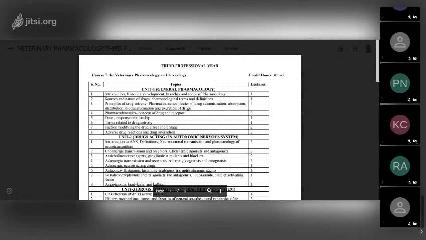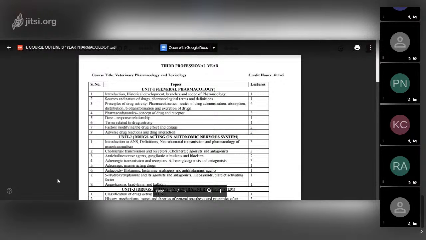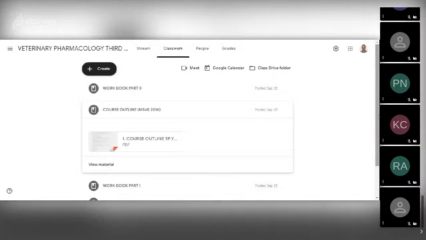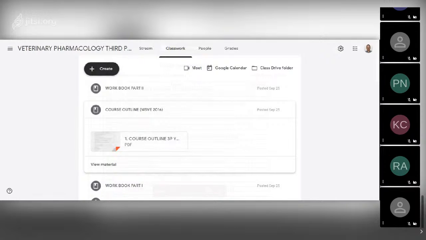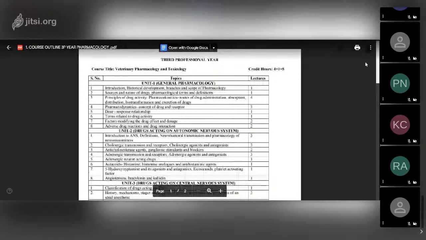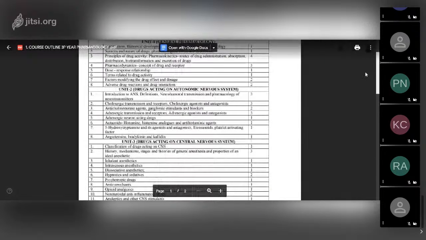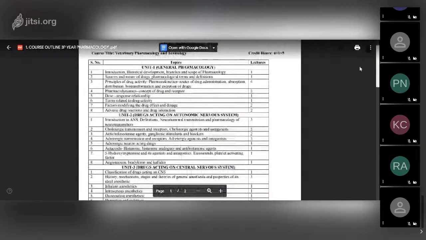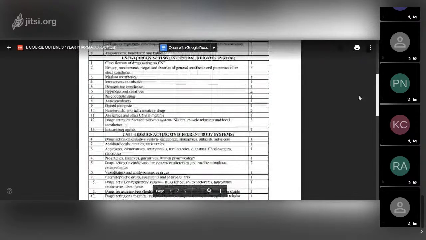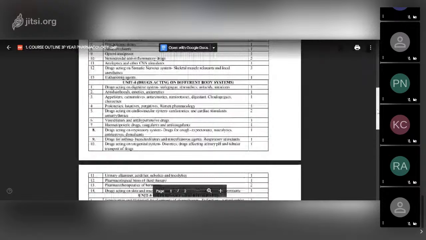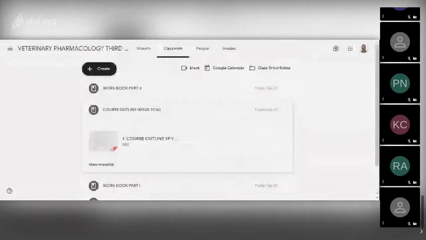So both will take the lectures parallelly, one lecture on the autonomic nervous system and another on the central nervous system, because we have to finish this work early, because in your first hourly, general pharmacology, autonomic pharmacology and CNS pharmacology must be completed. Otherwise, it will be very tough to cover. Okay. So, any questions regarding this?